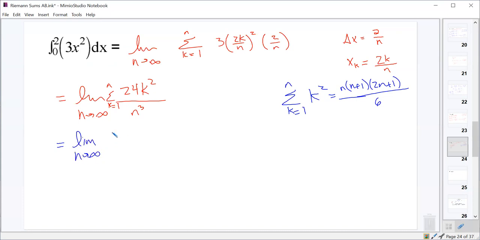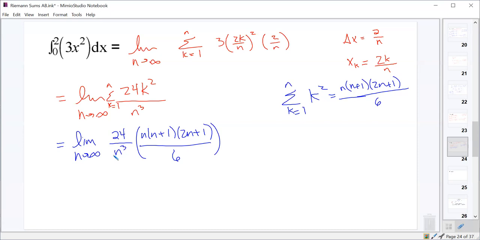The limit as n approaches infinity of 24 over n cubed times n plus 1 times 2n plus 1, all over 6. And still, even with the quadratic that we started with, the degree of the numerator and the degree of the denominator are still going to come out to be the same.